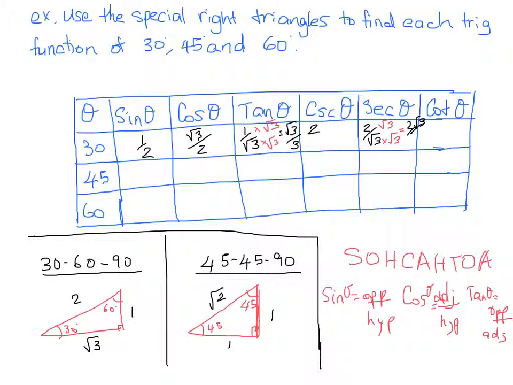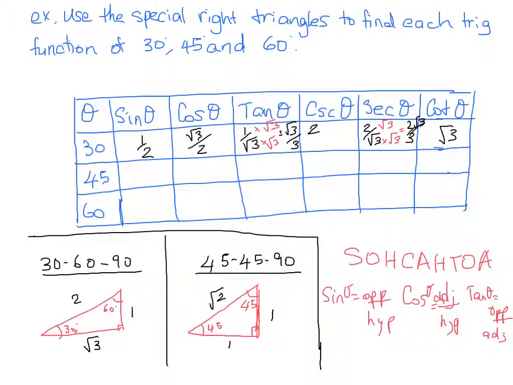And for cotangent, we're just going to flip our original thing we had here, 1 and root 3. So for cotangent of 30, we get root 3. So that's how we filled in cosine 30, sine 30, tan 30, all of the everything 30.